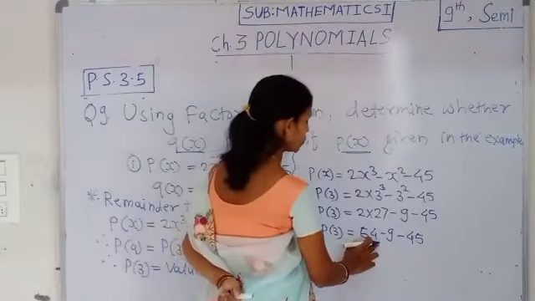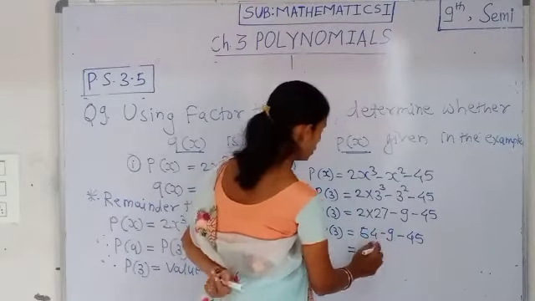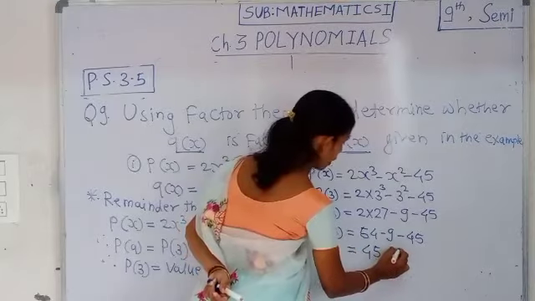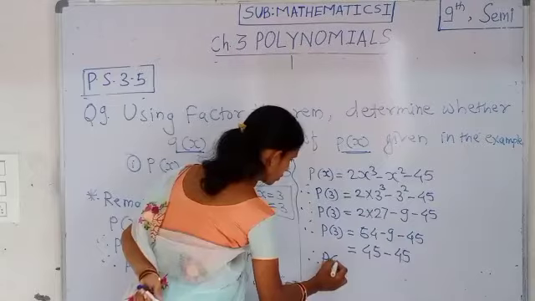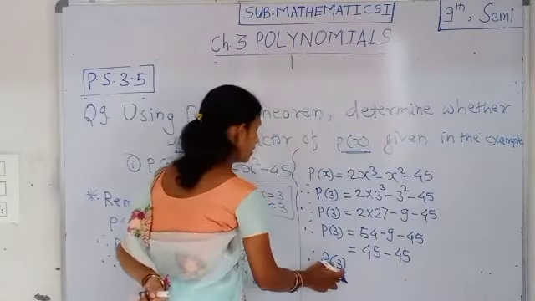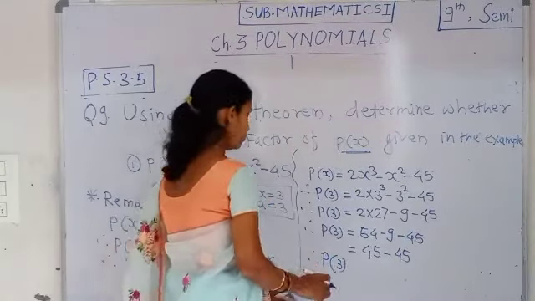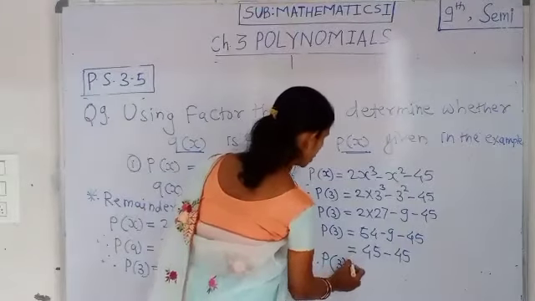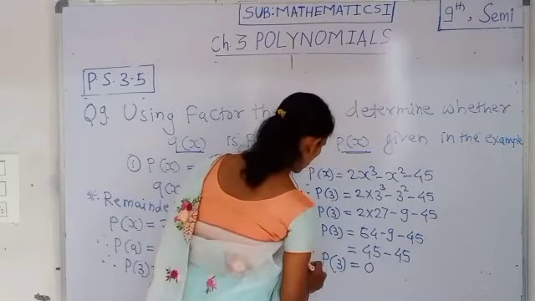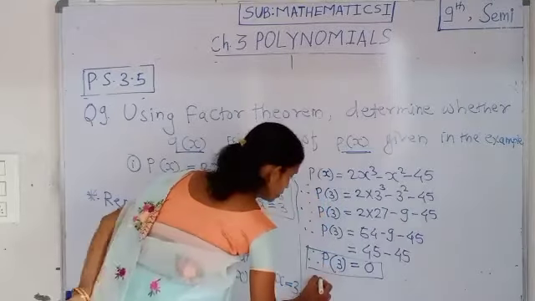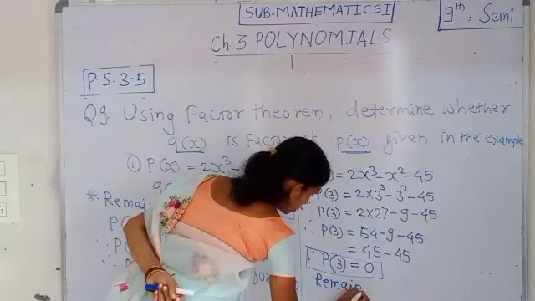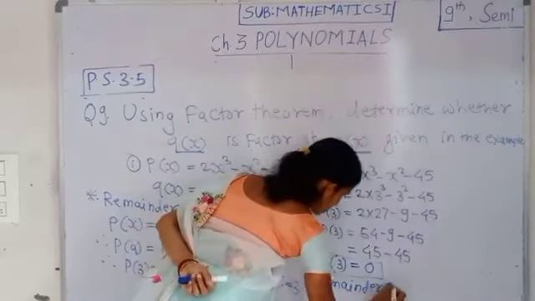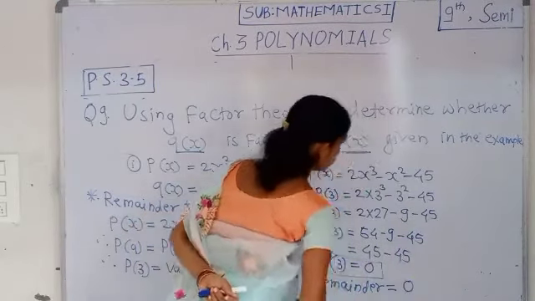Therefore 54 minus 9 is 45, minus 45. Therefore, we get the value of the polynomial for x equal to 3, that is 0. That means the remainder of this example is 0.